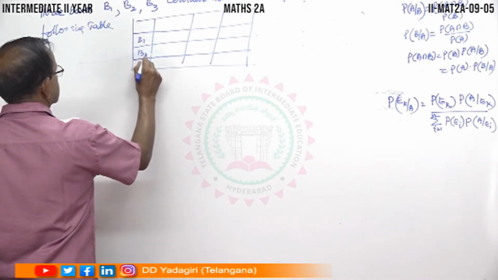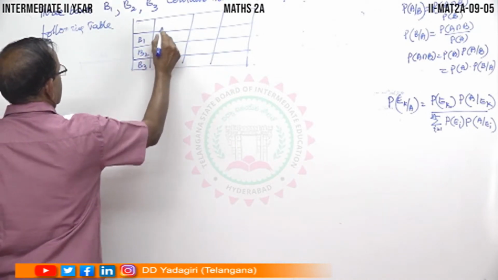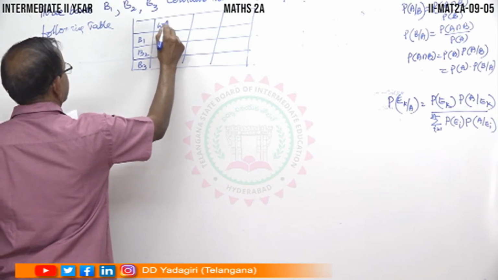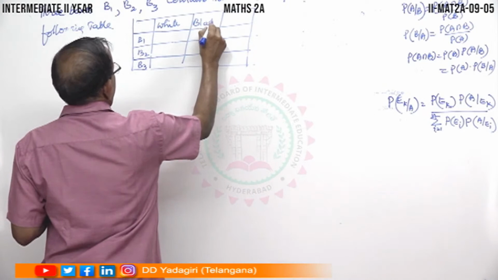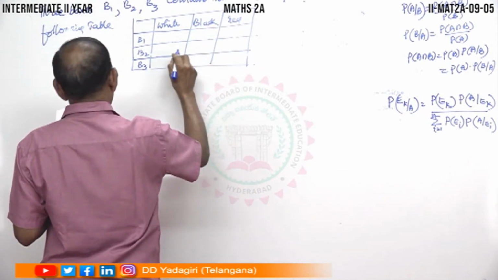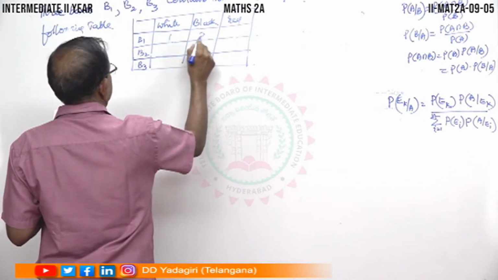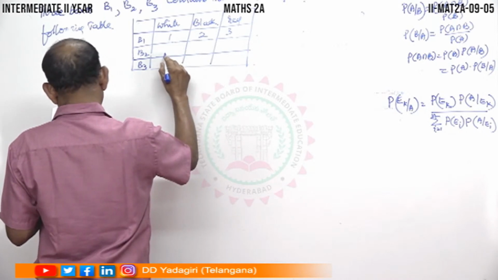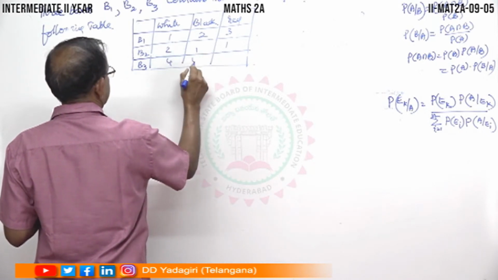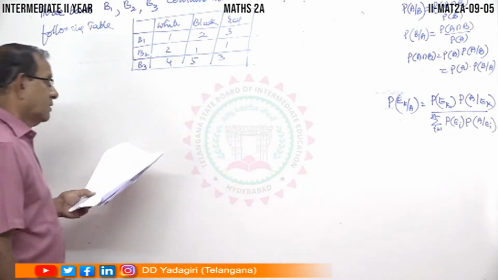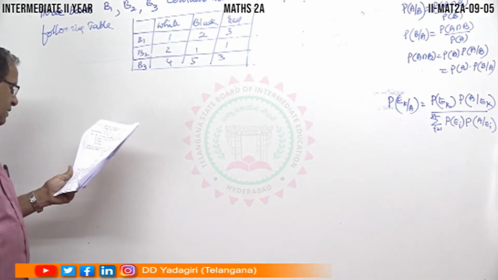Here also 3 boxes. White, black, red: 1, 2, 3; 2, 1, 1; 4, 5, 3. The balls are like this.